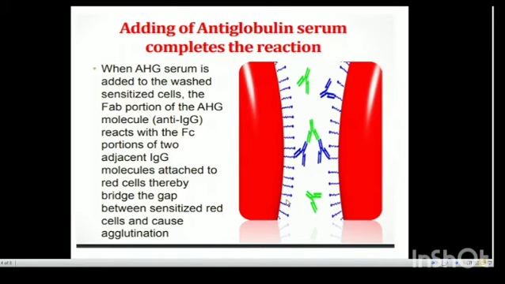So when AHG serum is added to the washed sensitized cells, the Fab portion of the AHG molecule, as in this figure, reacts with the Fc portion of two adjacent IgG molecules attached to the red cells, thereby bridging the gap between the sensitized red cells and causing agglutination. So that is the whole principle of this test.